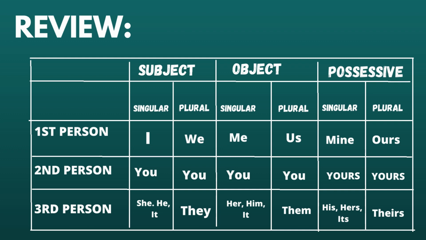Possessive case, we have first person singular is mine, first person plural is ours, second person singular is yours, second person plural is also yours, third person singular are his, hers, its, no apostrophes, and third person plural is theirs.